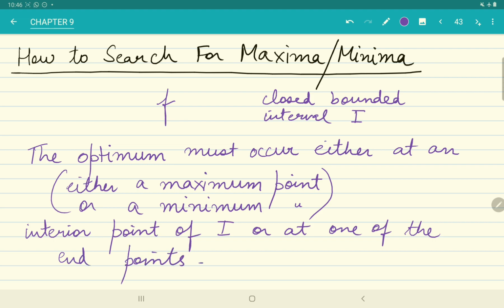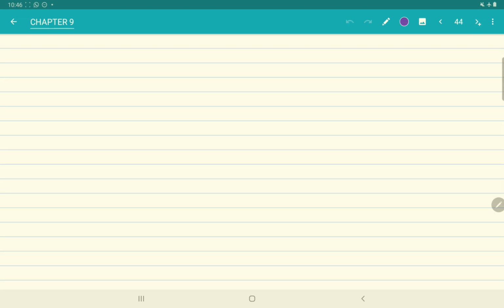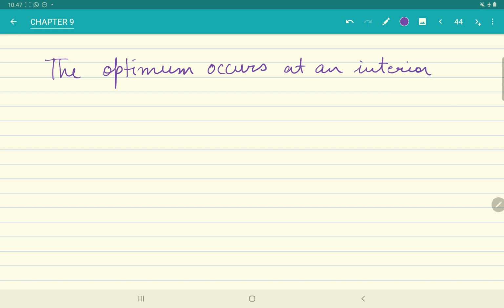Now, first we suppose that the optimum occurs at an interior point. That means it occurs inside the interval I. Also, f is differentiable.